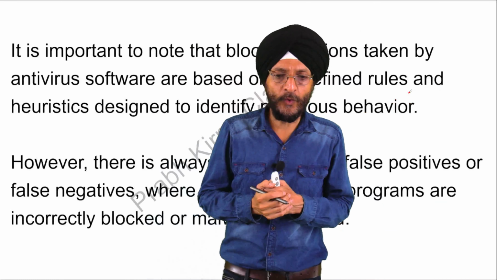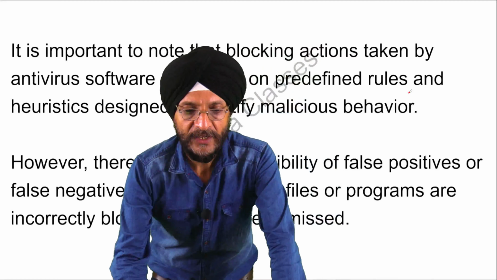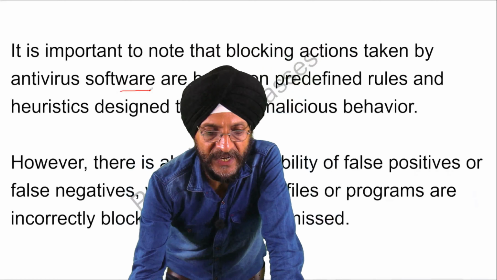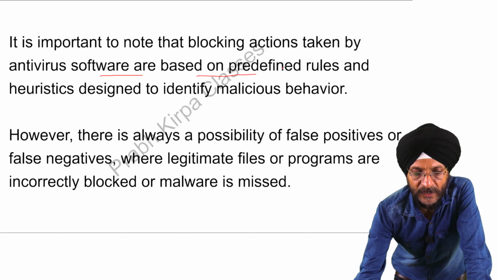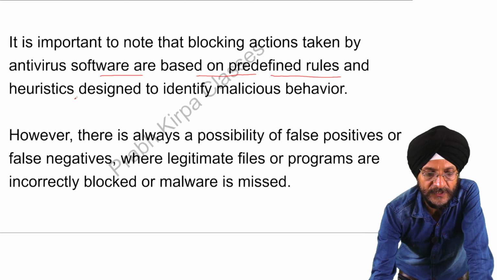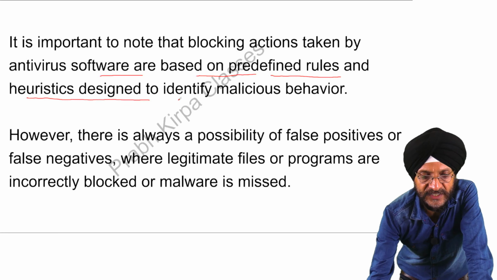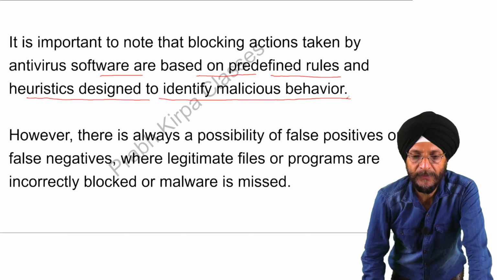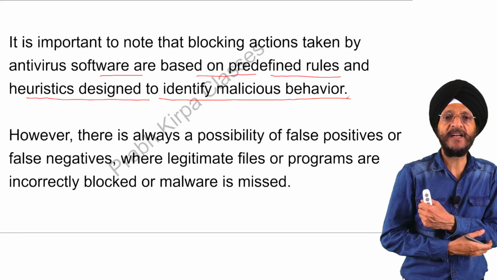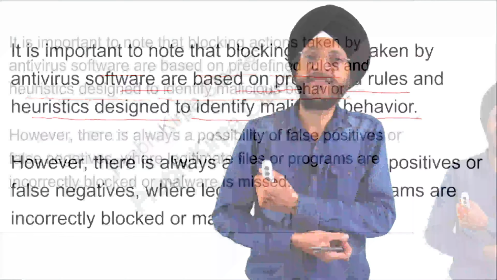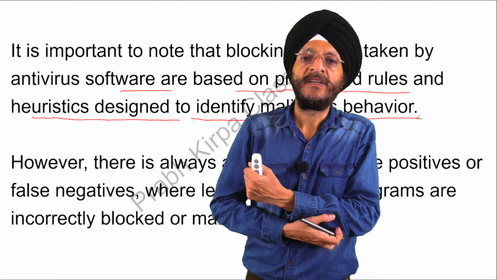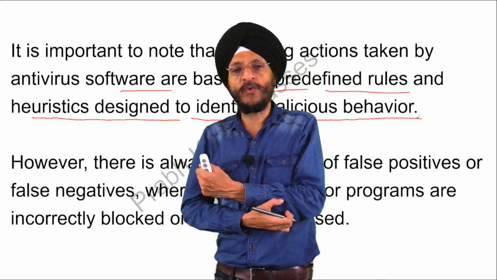It is important to note that blocking actions taken by the antivirus software are based on predefined rules and heuristics designed to identify the malicious behavior. It means that the antivirus software does the blocking activities on its own.